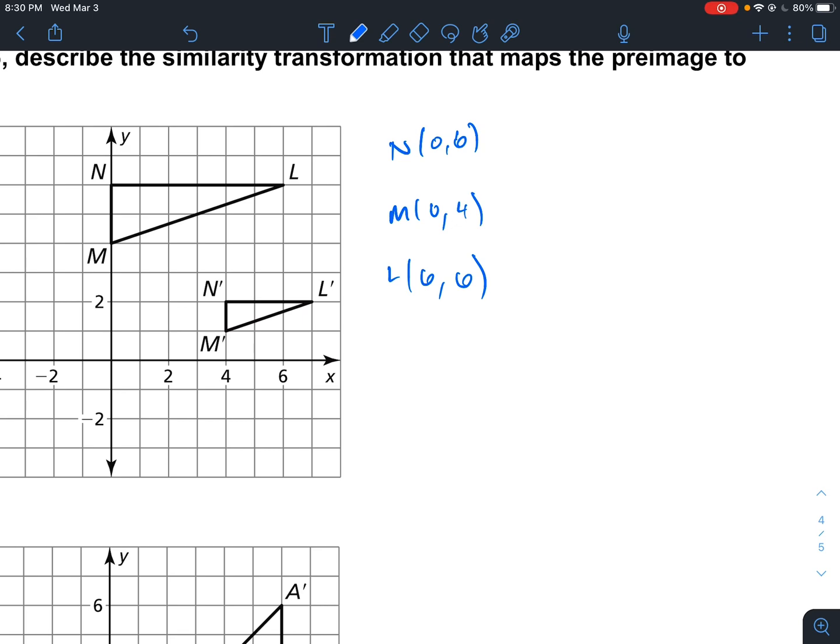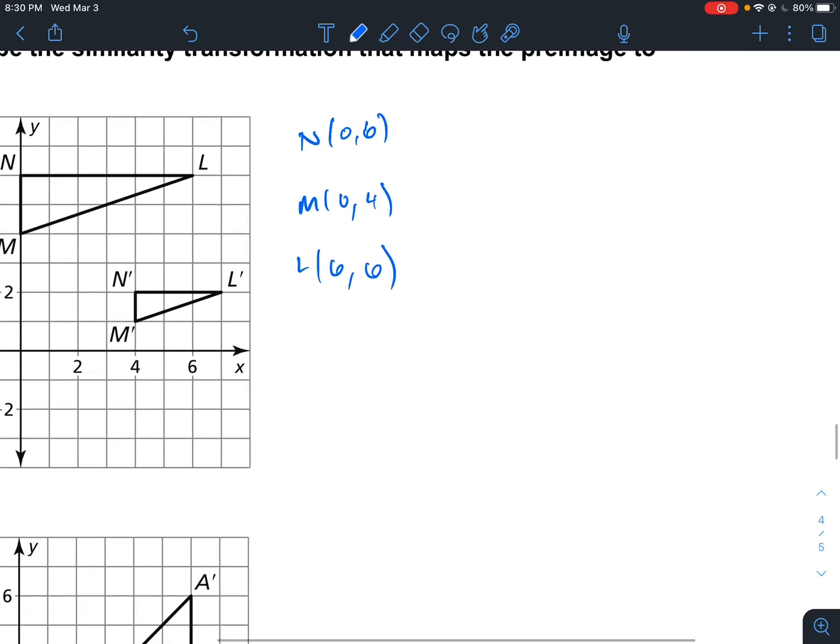Now notice here, first of all, then I guess I can write N prime. So N prime is at 4, 2. M prime is at 4, 1. And L prime is at 7, 2.